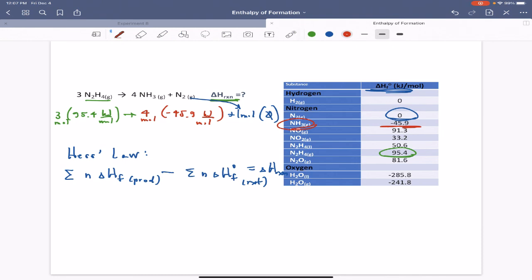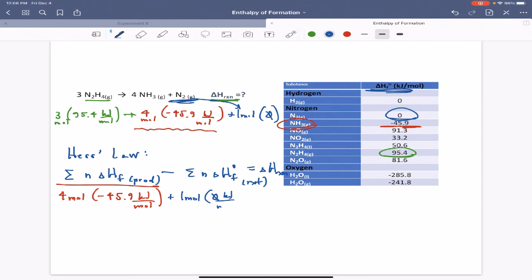So for the products, 4 moles, and the enthalpy of formation for ammonia is negative 45.9 kilojoules per mole. And 1 mole of nitrogen at 0 kilojoules per mole, so that equals 0.